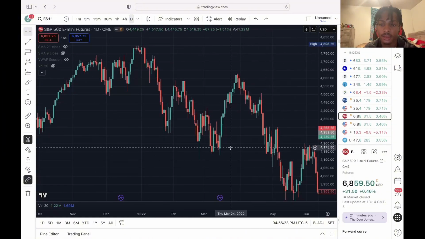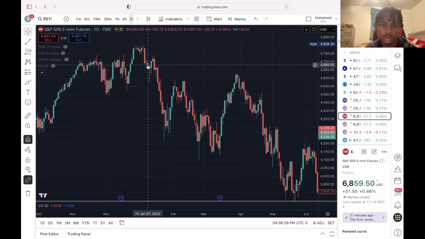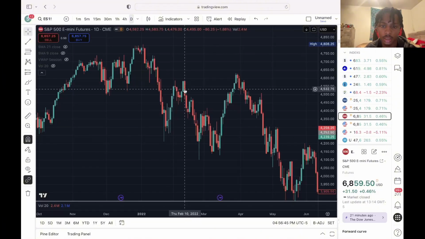Right? And the main thing you're going to want to know on the different types of trends is that whenever we have lower highs and lower lows, we're in a downtrend, right? So look, high, lower low, lower high, lower low, lower high, lower low.